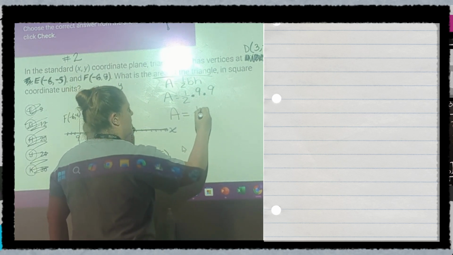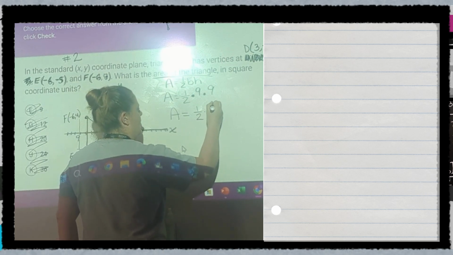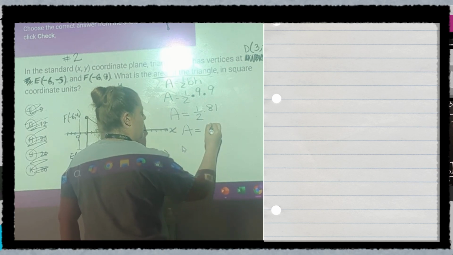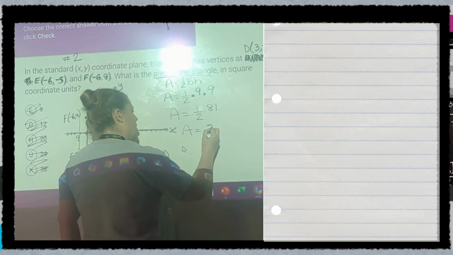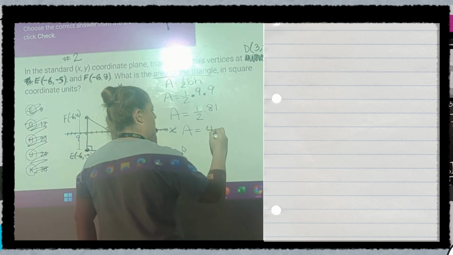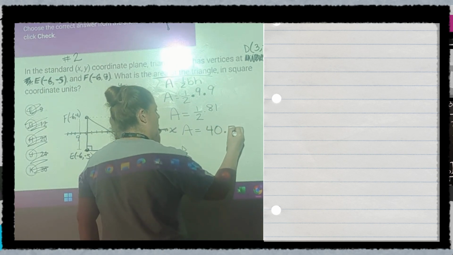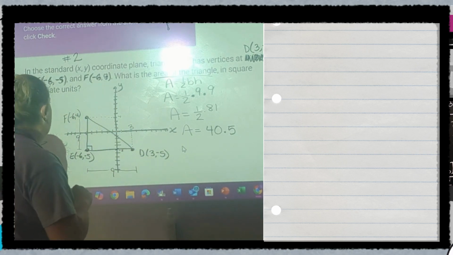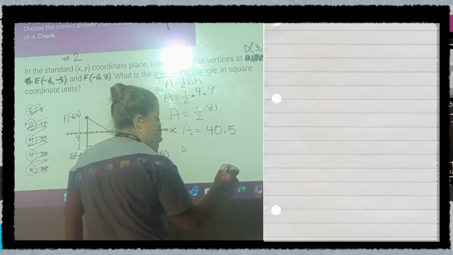Area equals 1/2 of 9 times 9. 1/2 of 81 is 40.5. And they asked in square coordinate units.